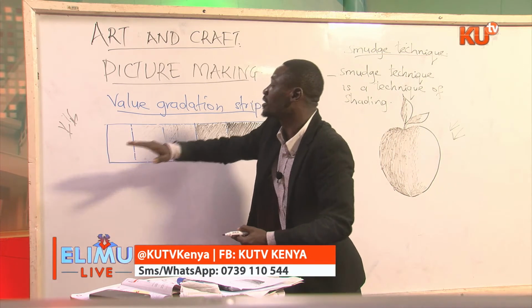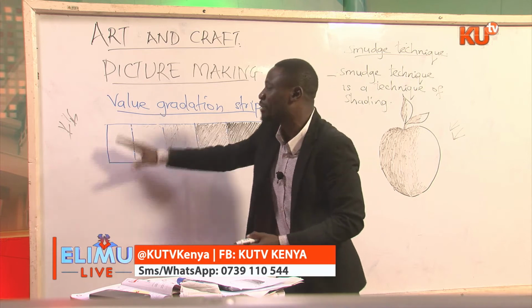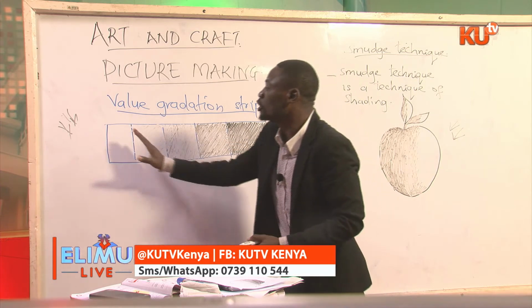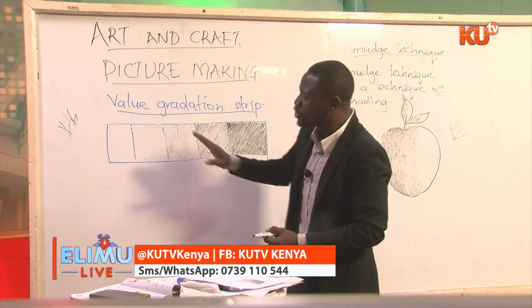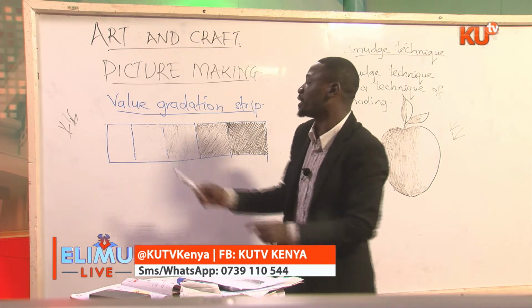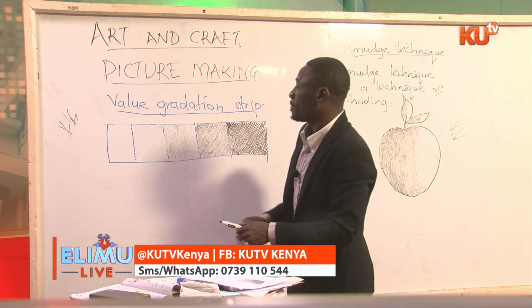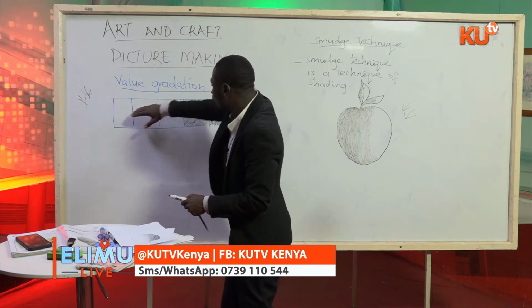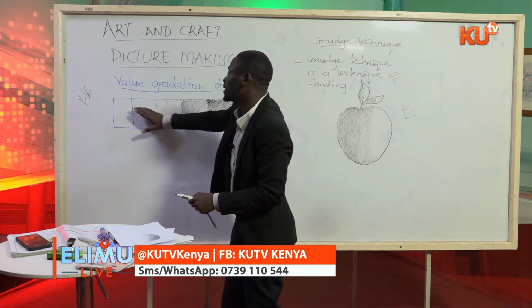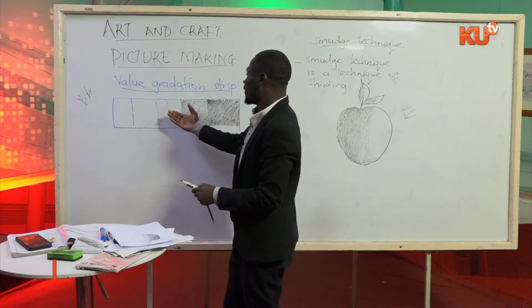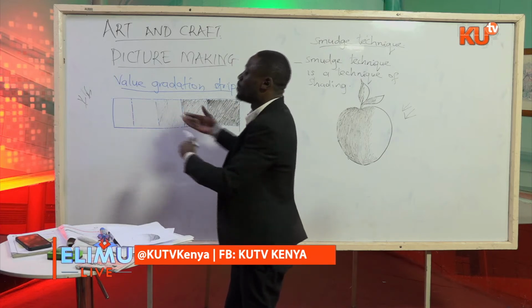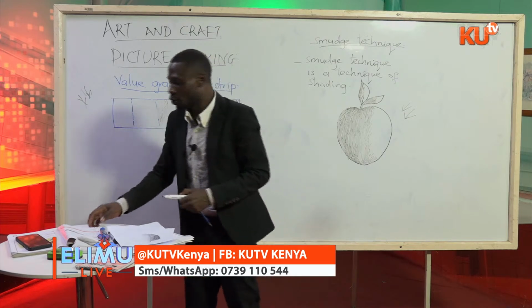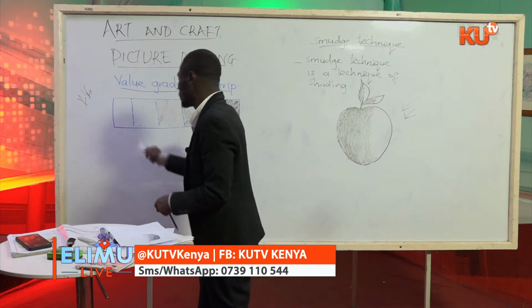This side has enough light, and therefore we don't need to shade it, or if you shade it, you can shade it slightly. But as we move towards this side, the light is disappearing and the darkness is appearing. So we can say this is one.